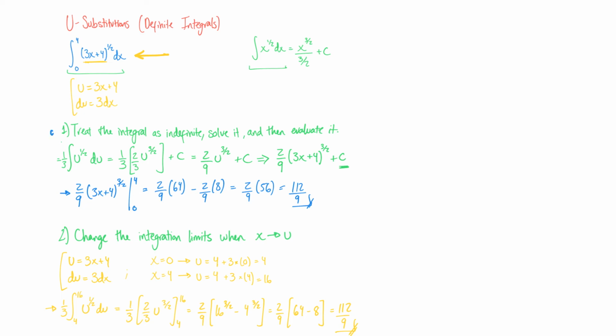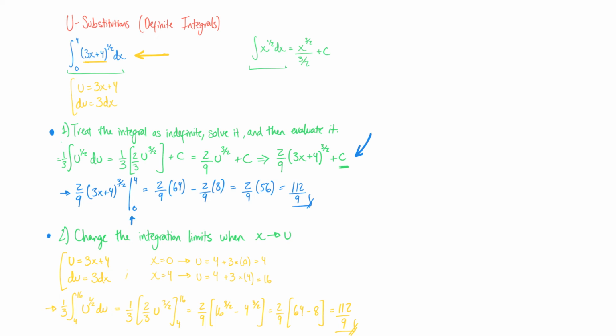Option number one is to forget about the fact that you're dealing with a definite integral. You treat it as an indefinite integral, you solve it just as we explained in the video before this one, and then at the very end, you evaluate it with the integration limits that we initially had.